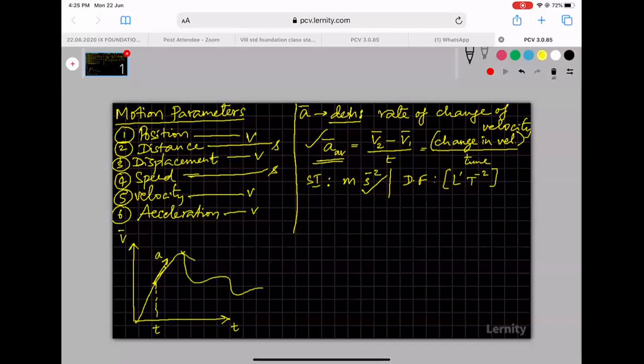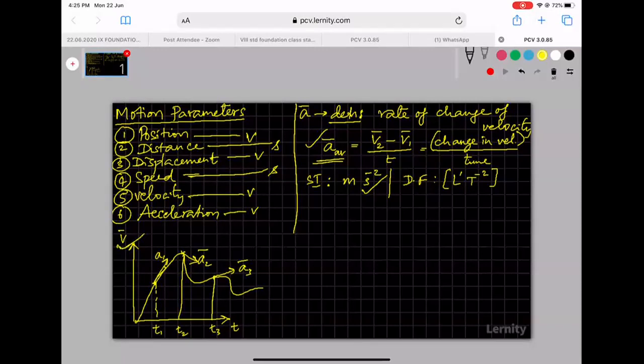At this instant, acceleration is this. At this instant, the acceleration is this. Let us say these are different instants, T1, T2, T3, etc. So the instantaneous accelerations are measured as the slopes of the velocity time graph.